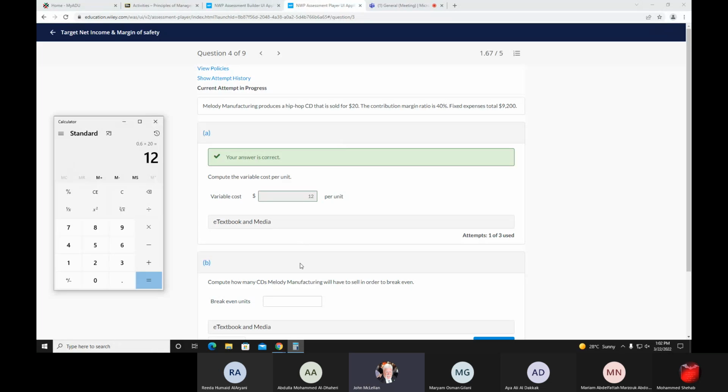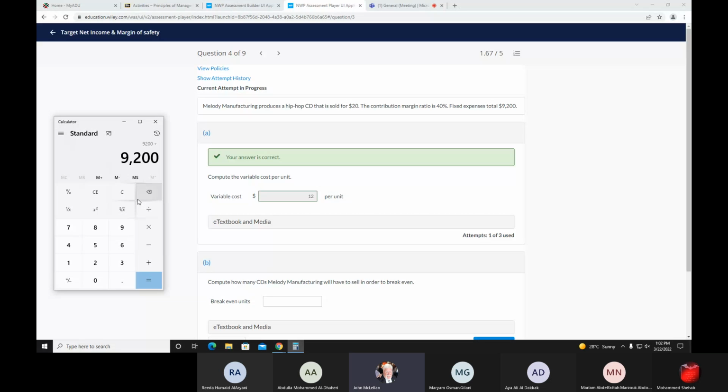All right, so now they want us to compute how many CDs they will have to sell to break even. Well, what's my formula for break even? Now, this is units.